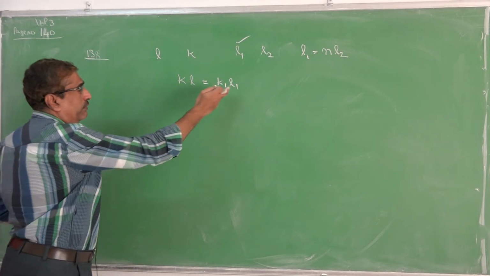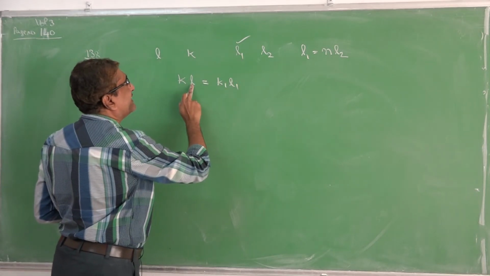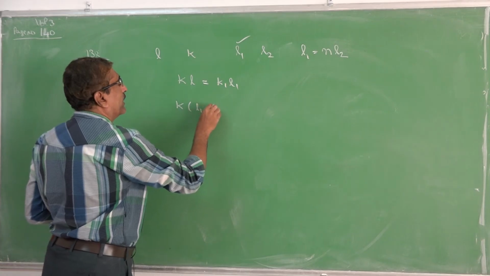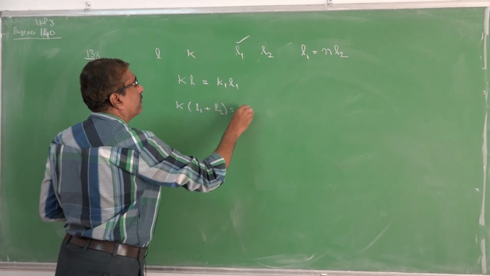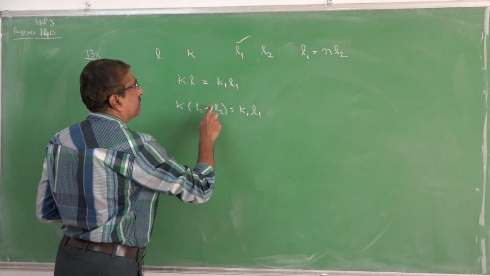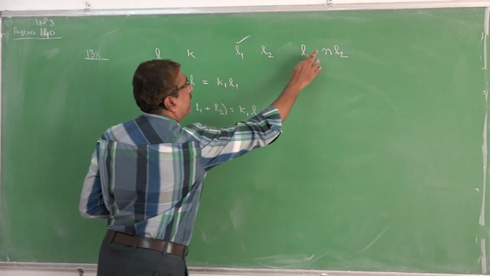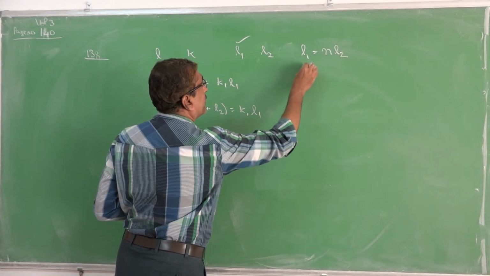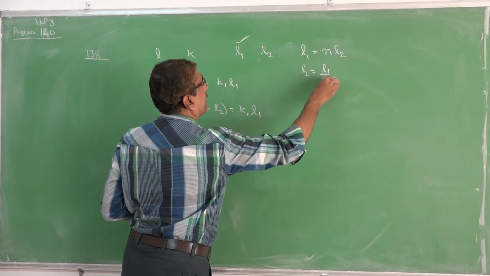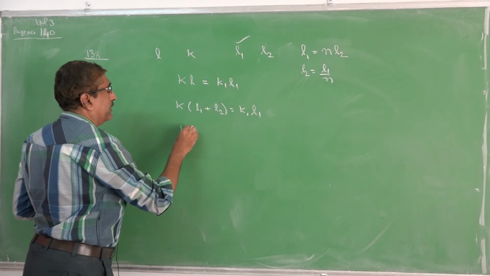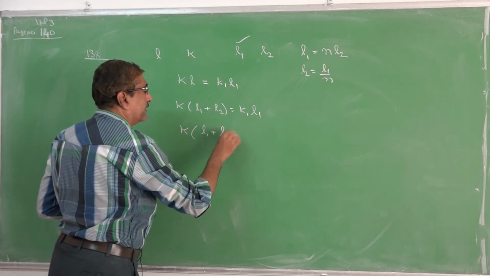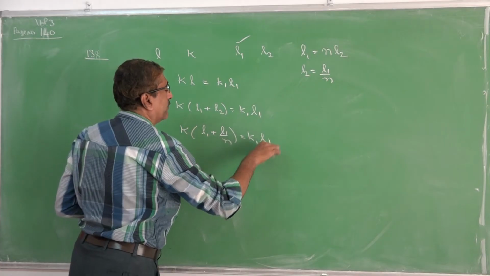Suppose we are considering only L1. But L is equal to L1 plus L2. So K into (L1 plus L2) is equal to K1 L1. But L1 and L2 are related by this equation, so L2 is L1 by N. Substituting here, K into (L1 plus L1 by N) is equal to K1 L1.